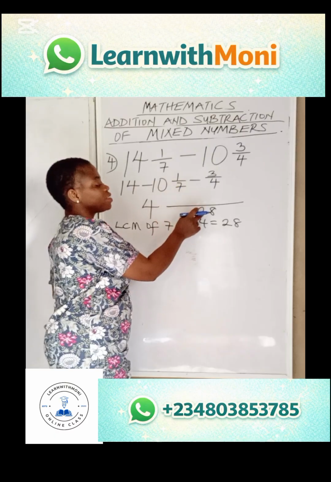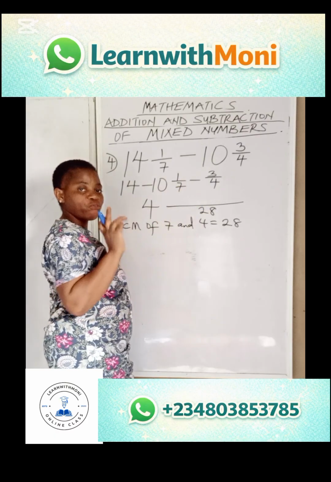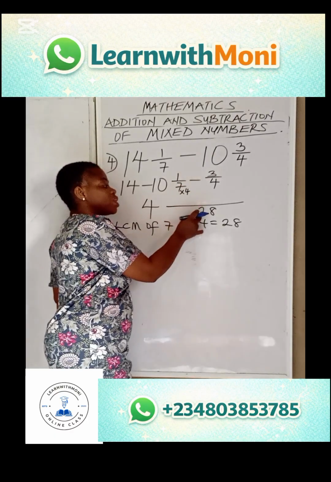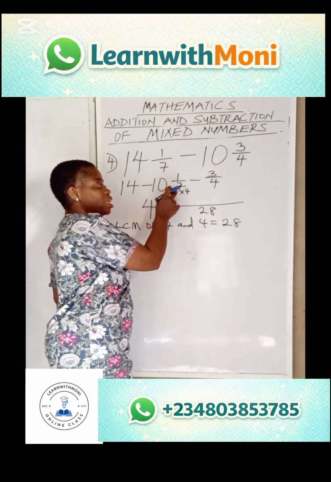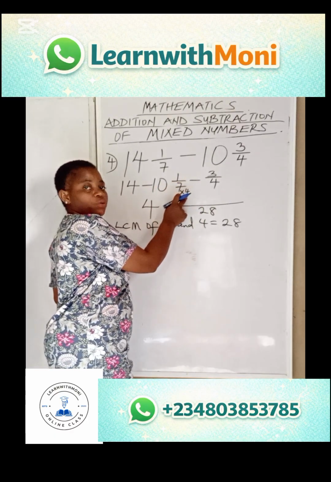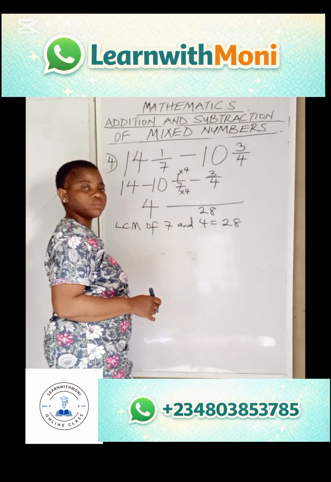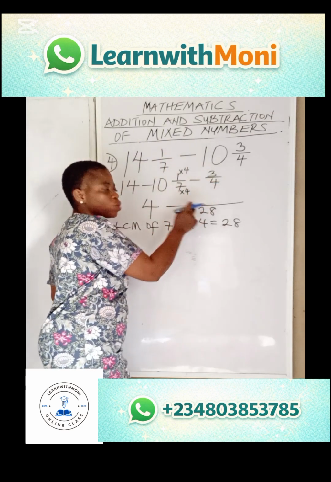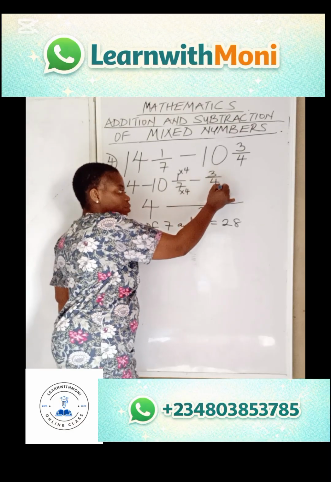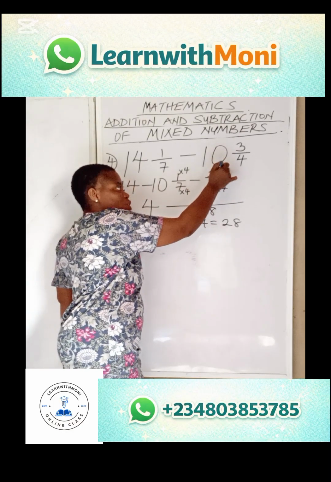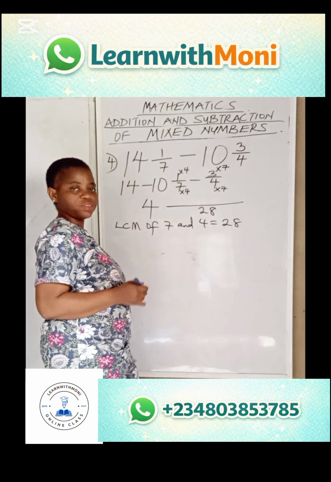How many 7 is in 28? 4. So it means it is 7 times 4 that will give 28. If the denominator is 7 times 4, the numerator is also 1 times 4. 4 times what will give 28? 4 times 7. If the denominator is 4 times 7, the numerator will also be 3 times 7.